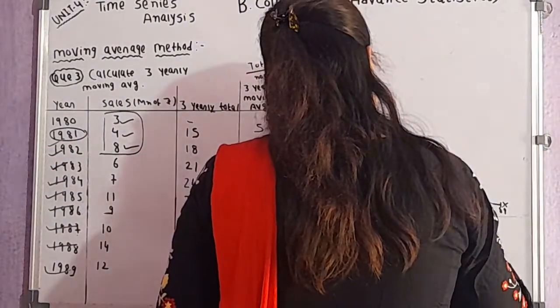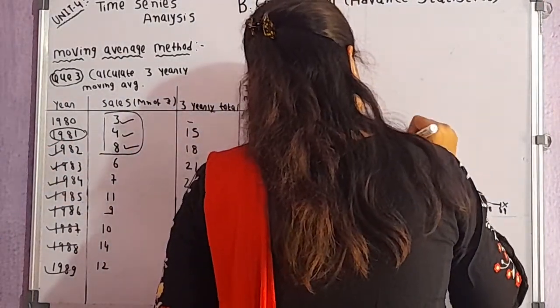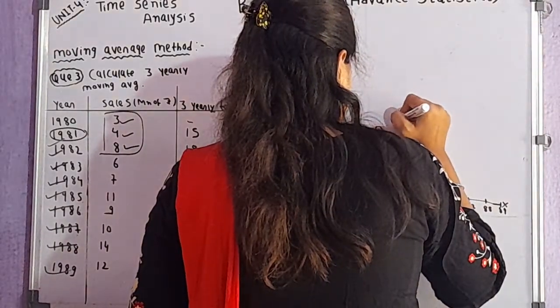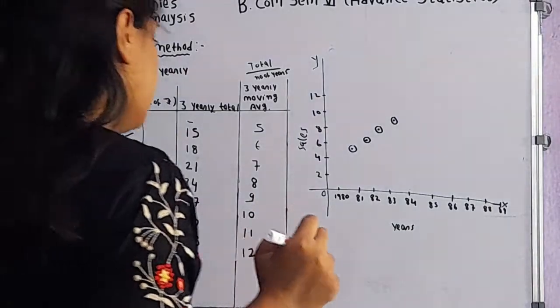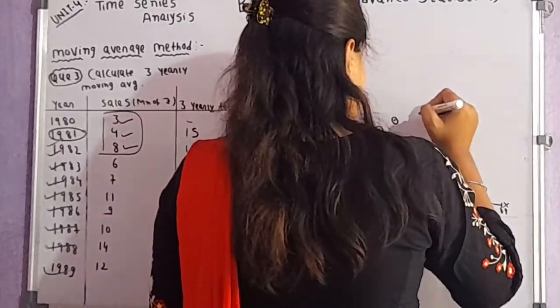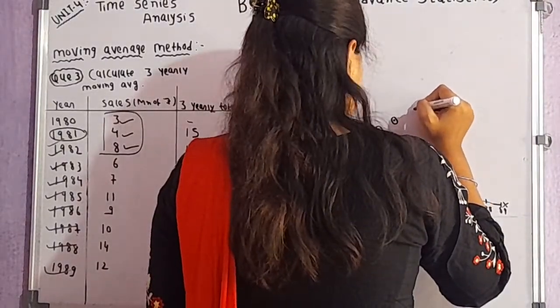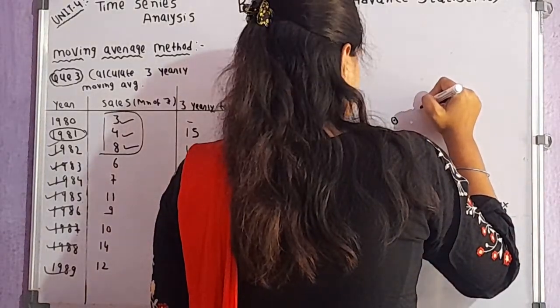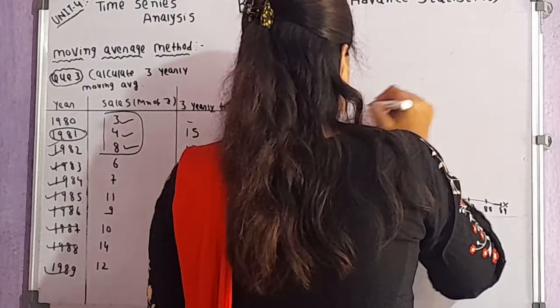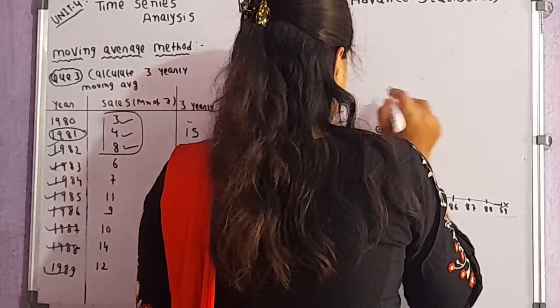In 1984, this is 8. 1985, 9. 9 is somewhere here between 8 and 10.